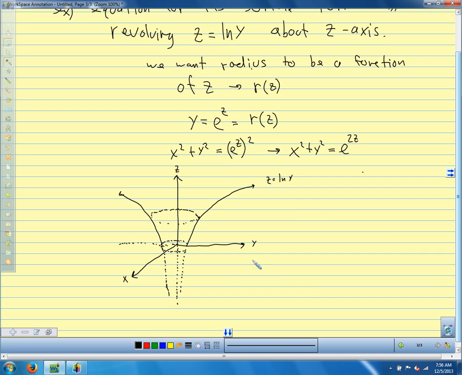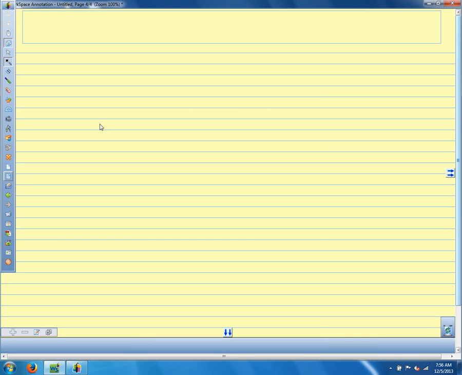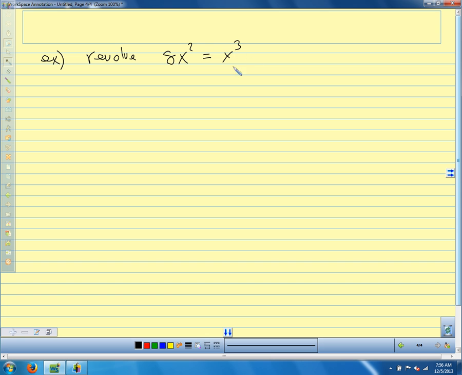All right, let's look at another example. We want to revolve 8x squared equals y to the third about the x-axis.